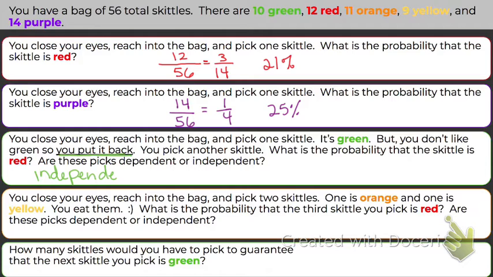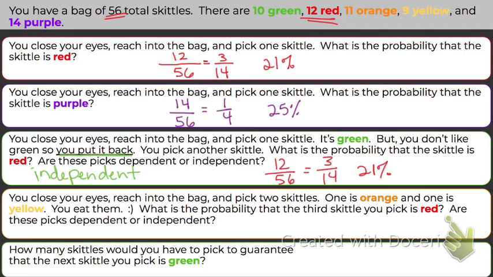One pick didn't change the probability of picking a red on your second try. So in this case, it's like that first problem. How many red are there? There's 12 that are favorable outcomes out of, remember, there's still 56. So this is 3/14 or 21%.